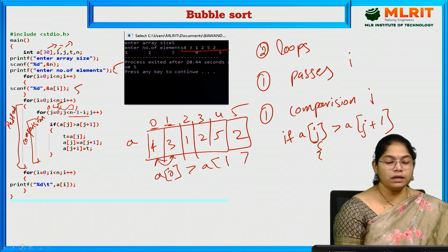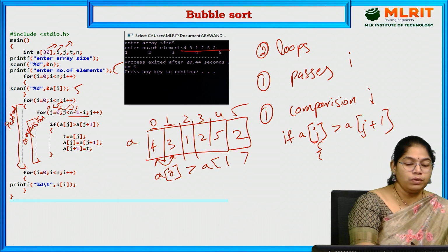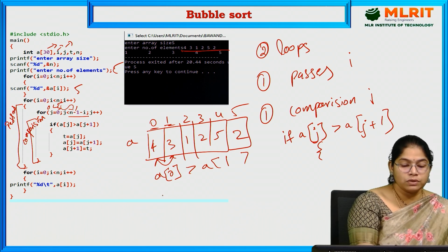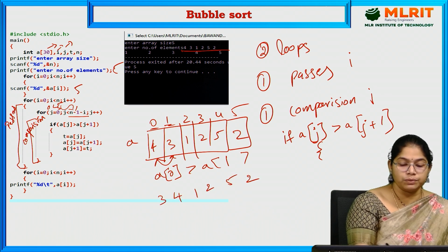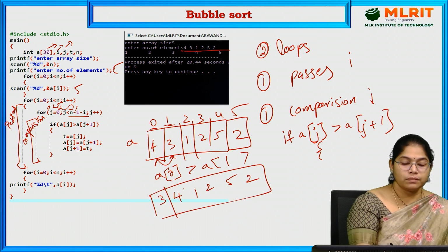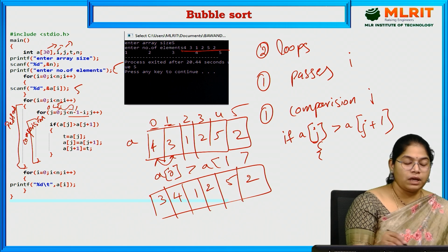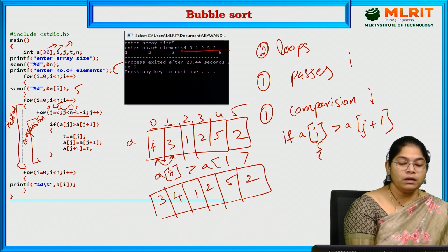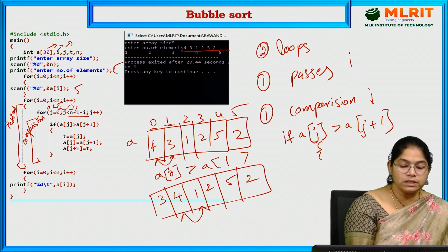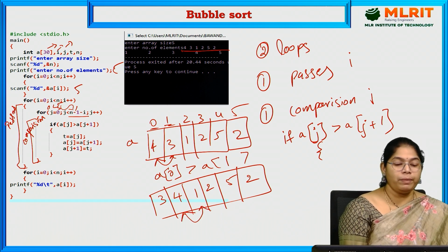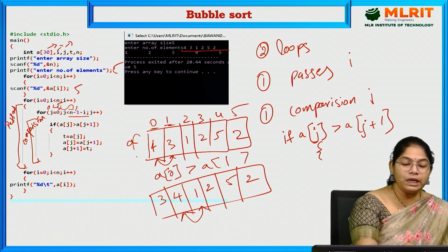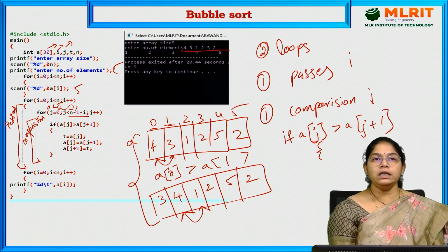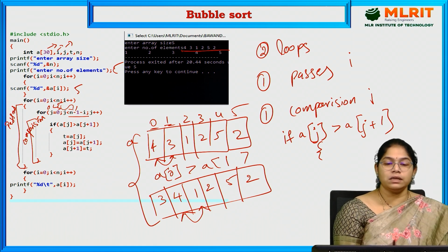Are they in correct order? No. So then swapping has to take place. So now it is 3, 4, 1, 2, 5, 2. After swapping, again J plus plus. Now J becomes 1. This will be compared with the next element. Then swapping has to take place if needed. We'll repeat these steps until no swapping is needed.